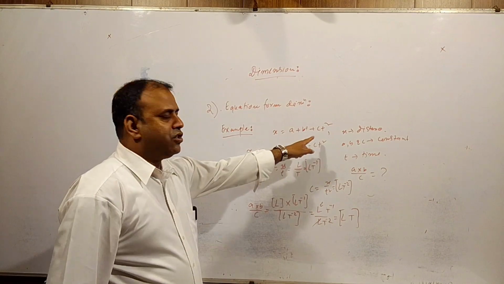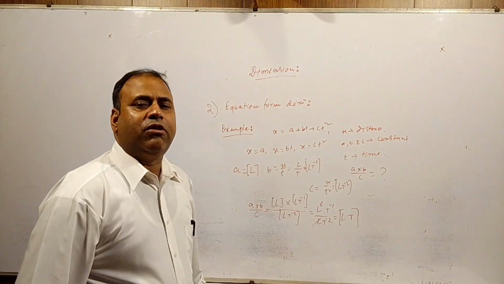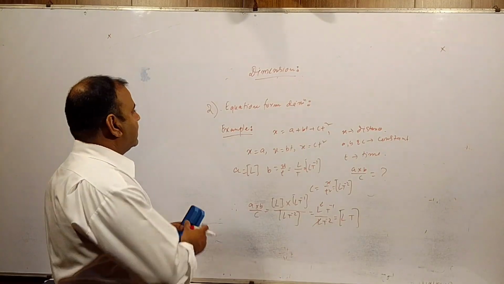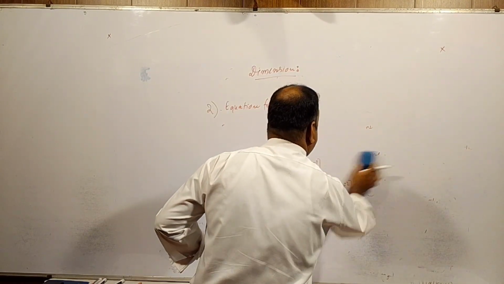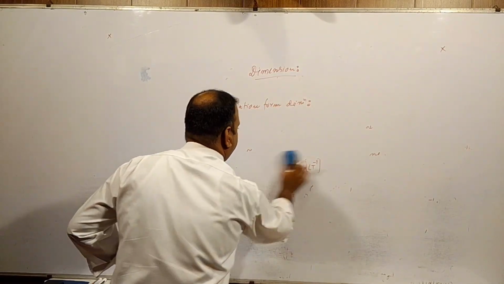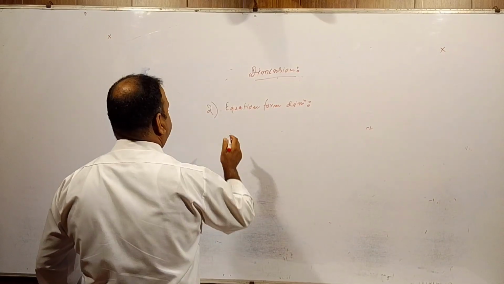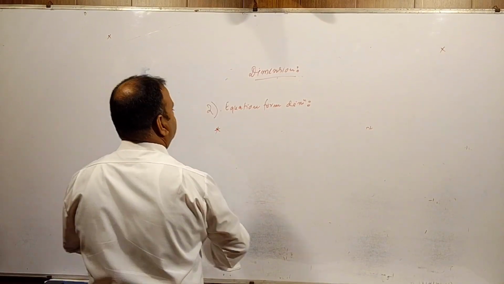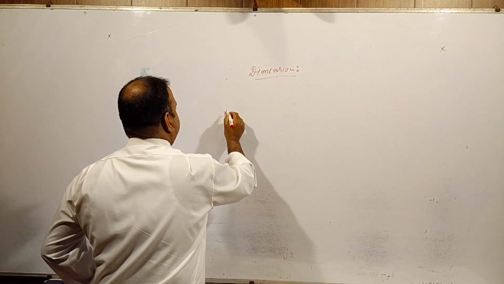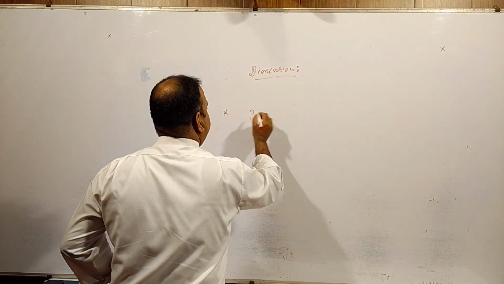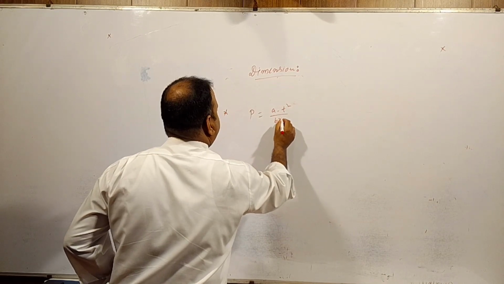So this is a kind of equation form given. From the equation we can easily calculate the dimensions of a, b and c. Another example you can see: suppose you are given P is equal to A minus T square divided by Bx.